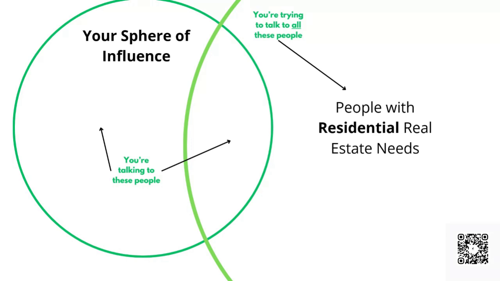Not everyone you know needs residential, and you don't know everyone who has residential needs, but there's some overlap where you're talking to the people who need residential real estate, and you have access to them. So hopefully you're trying to bring as many people in that category into your sphere to do some business with, right?